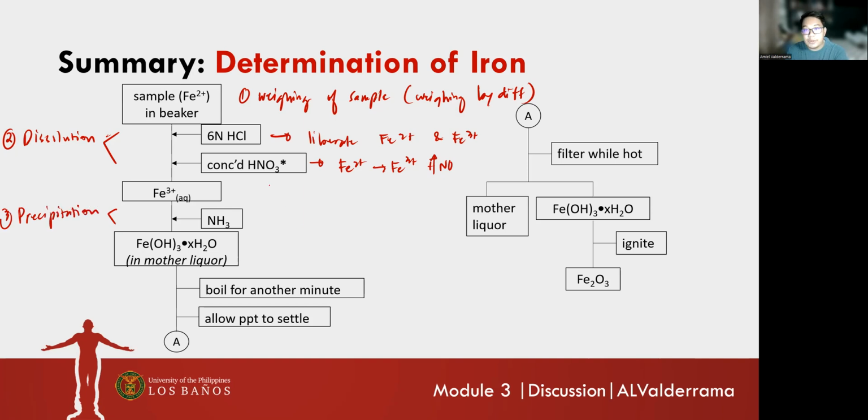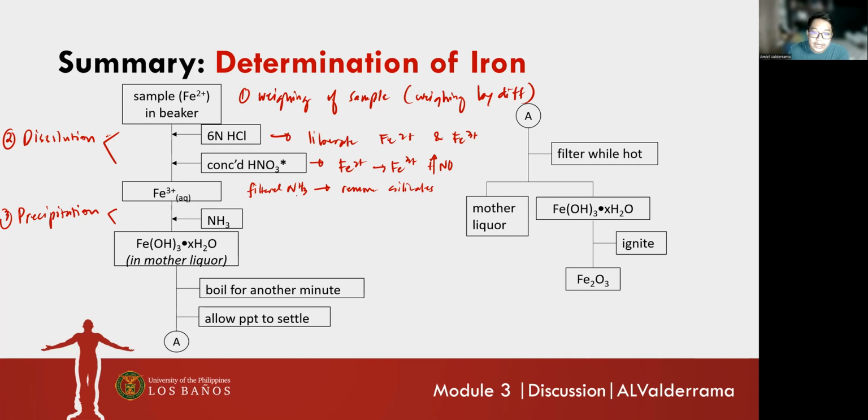Okay? Then after dissolution, what we did is step 3, precipitation. By precipitation, we make use of filtered 6-normal ammonia solution. So why did we filter? To remove silicates. Since your silicates may interfere with your solution, since silicates may form precipitate with your ions. Okay?